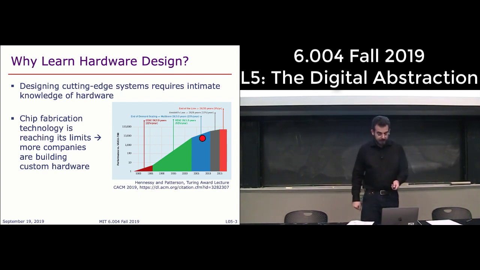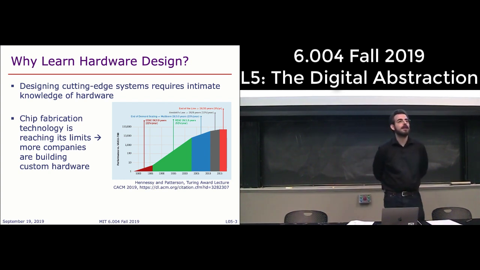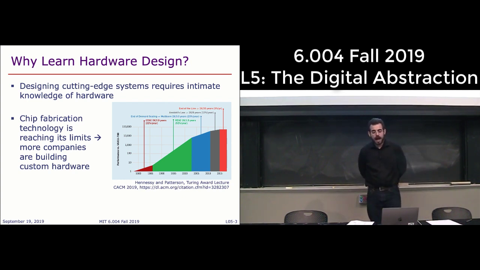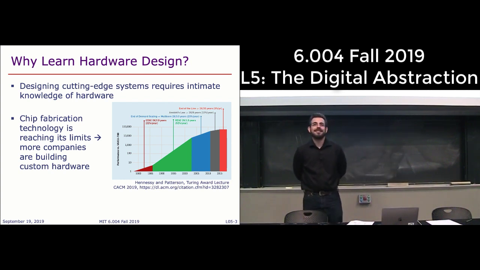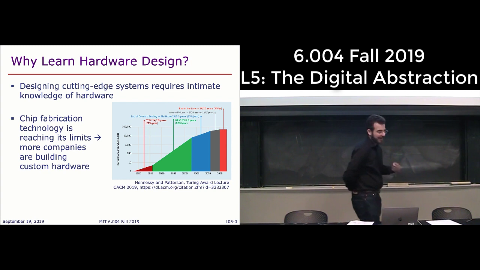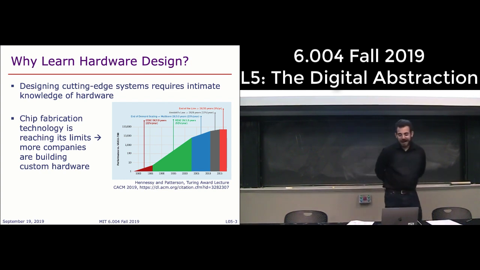And in the 80s and 90s and up to the mid-2000s, you see that the rate of improvement is about 2x over 2 years. Every 2 years, you basically could buy a new computer system that would be twice as fast. Unfortunately, we cannot keep any exponential going on forever. And so chip fabrication technology is reaching its limits.